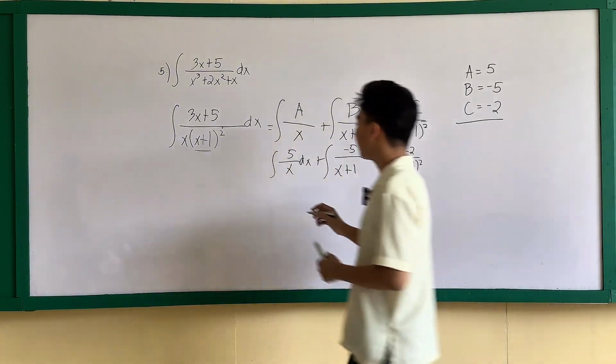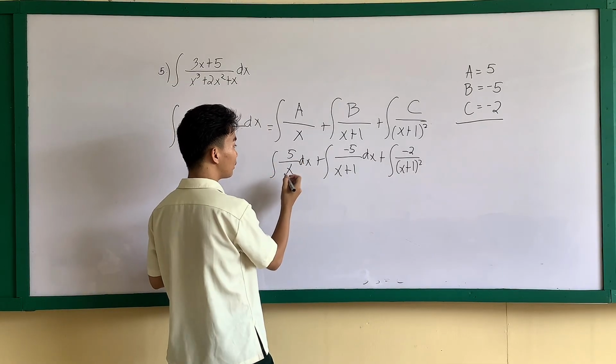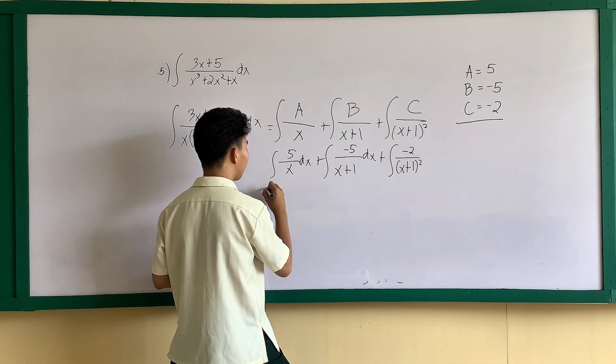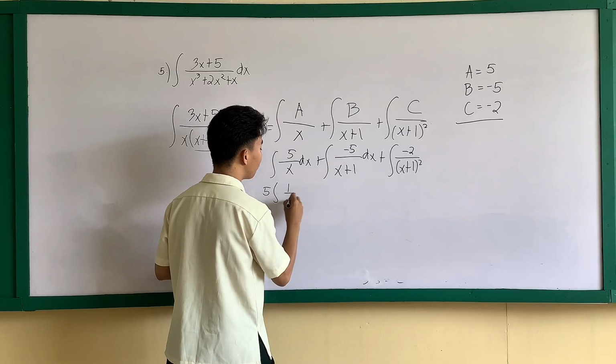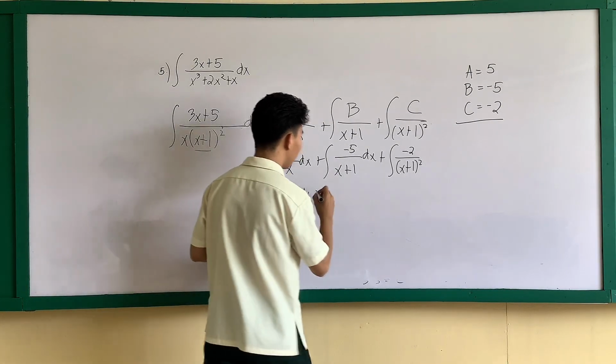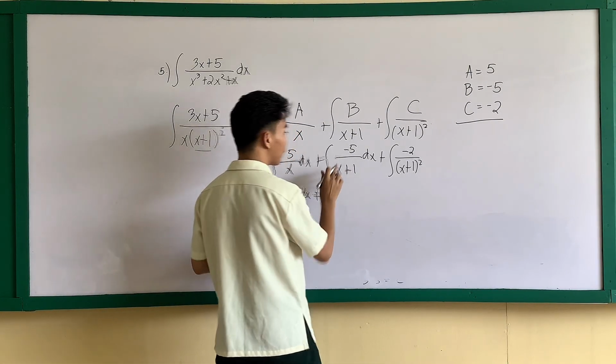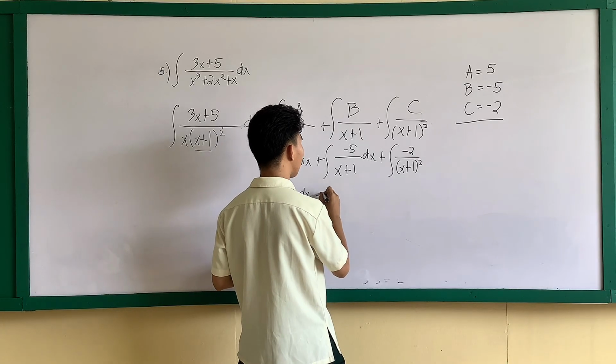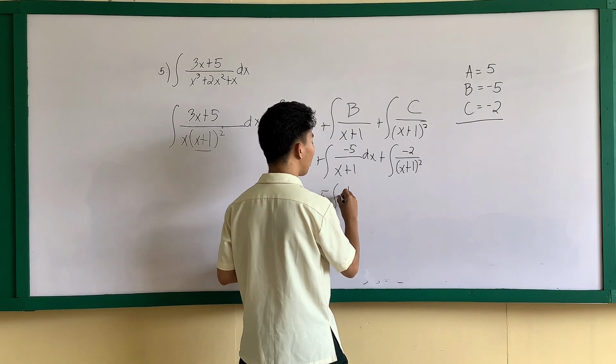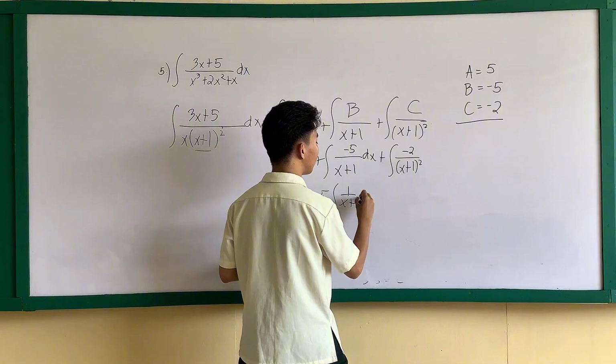So next is we have to put the constant in front of the integral. So 5 times 1 over x dx plus, since it's negative, it's going to be negative 5 times 1 over x plus 1 dx.